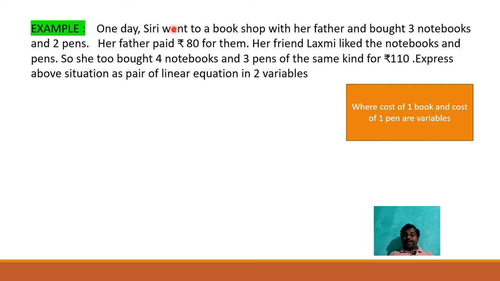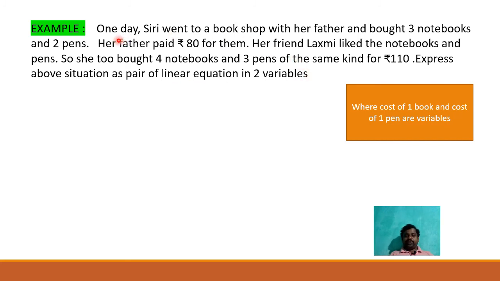Her friend Lakshmi liked the notebooks and pens. So she too bought 4 notebooks and 3 pens of the same kind for 110 rupees. Express the above situation as a pair of linear equations in two variables.